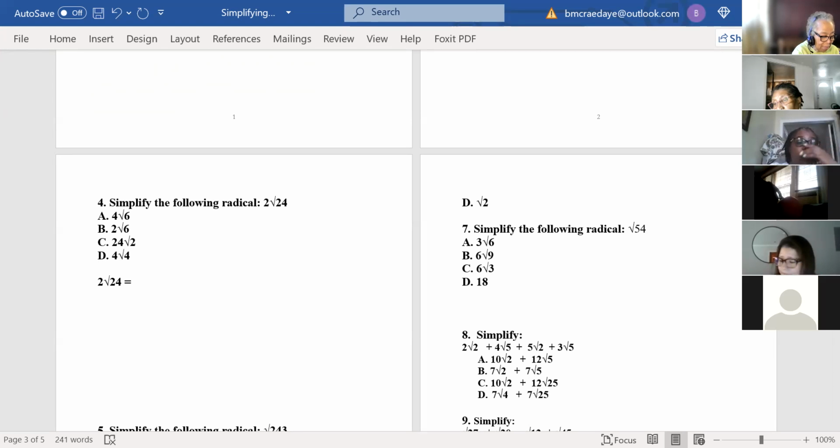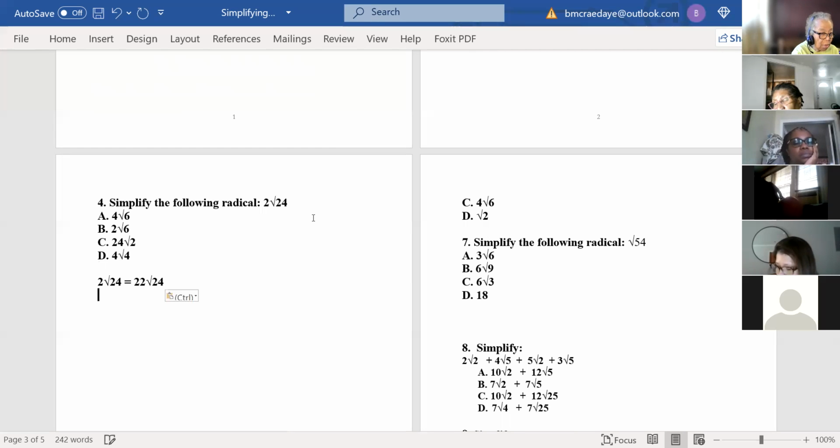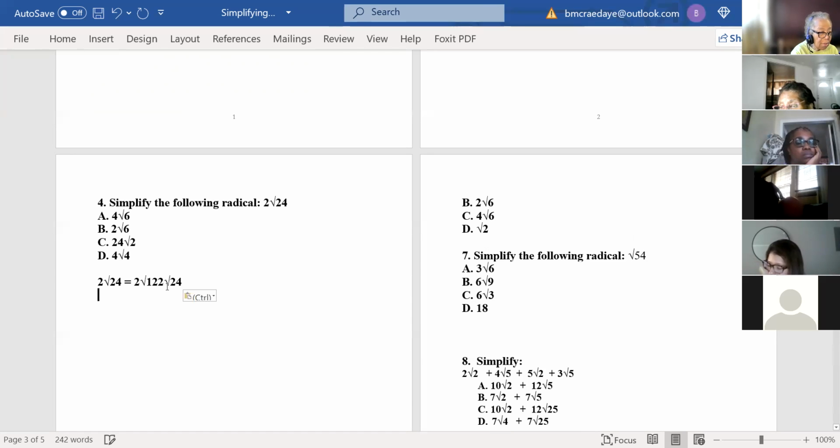Equal, and that's 2. And now you said 2 and 12. So let me put the 2 here and then put your factors for the 12. So take the 2 out and put the 2 underneath the radical here.